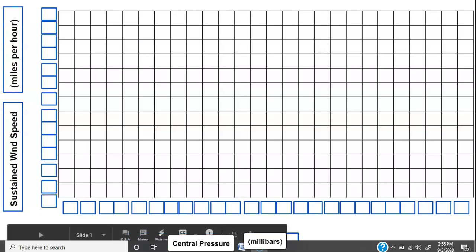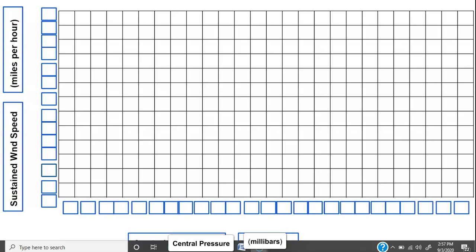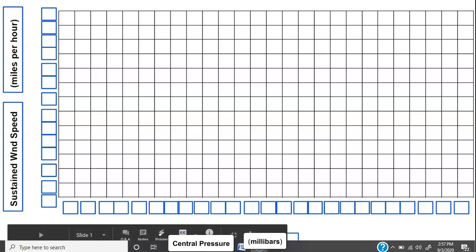So if I count by tens, that means I would need about 14 number lines. So I can count, 1, 2, 3, 4, 5, 6, 7, 8, 9, 10, 11, 12, 13, 14, exactly enough lines. So I'm going to go ahead and pause the video for a moment and fill these in, and I'll rejoin you in just a second.